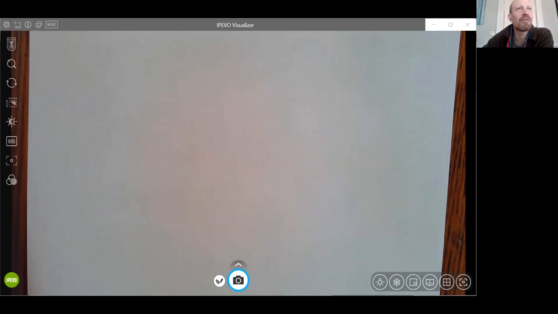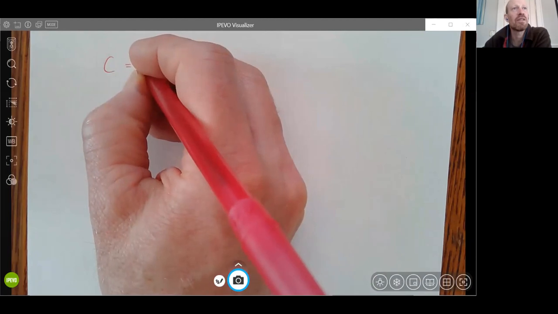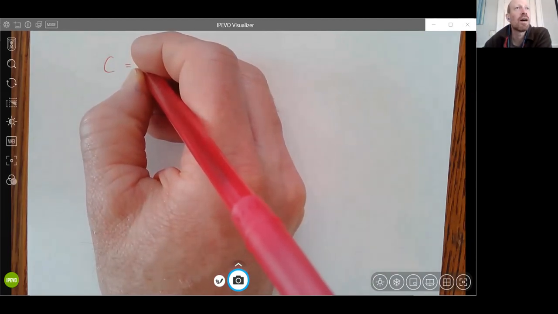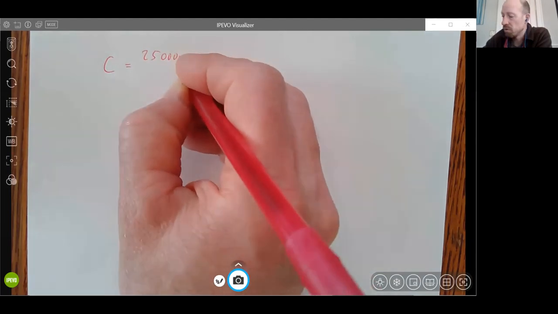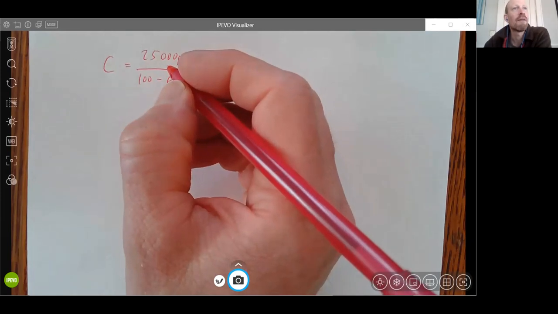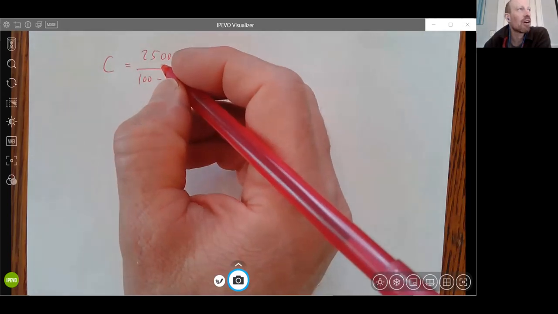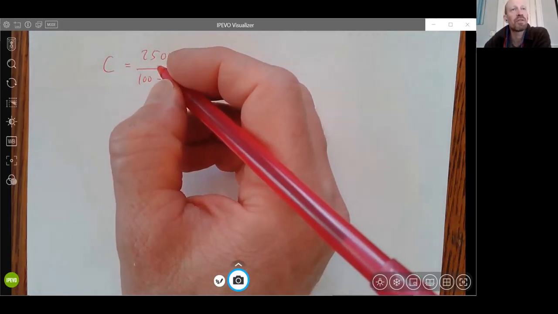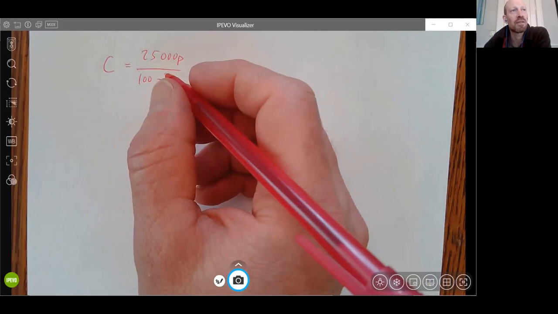Okay, so we have these recycling bins, and the cost C is related to the percent of the population, 25,000 P over 100 minus P. So the cost of supplying recycling bins to a certain percent of the population is given by this function, and P is between 0 and 100.